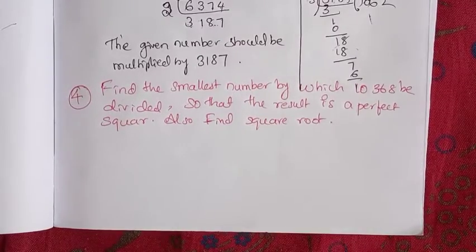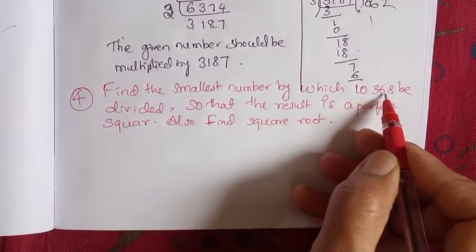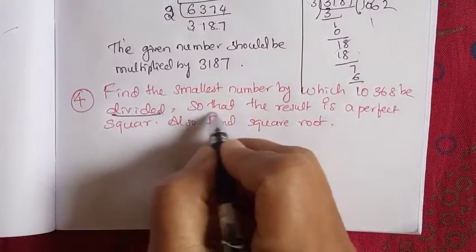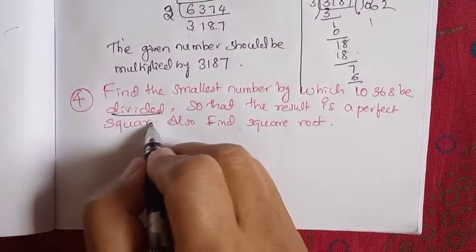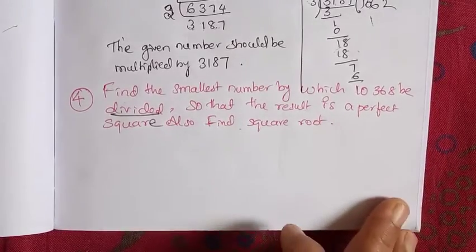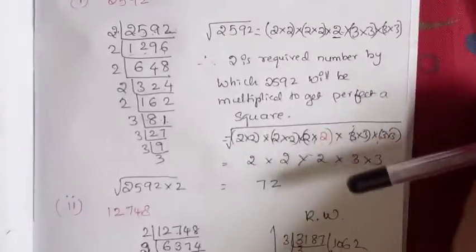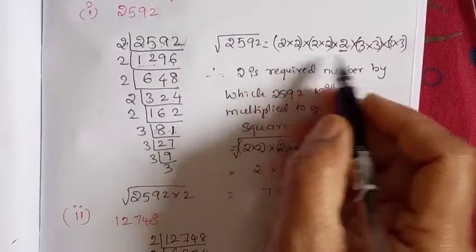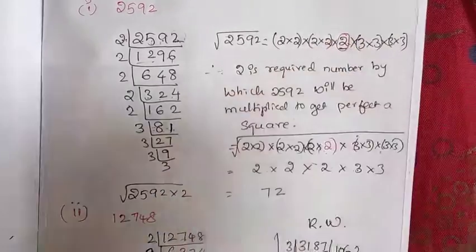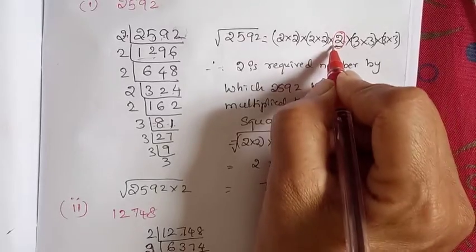Next, the fourth question, children. Find the smallest number by which 10,368 be divided so that the result is a perfect square. Also find the square root of the resulting number. In the previous problem, we saw which number should be multiplied: the number which is single, left alone.